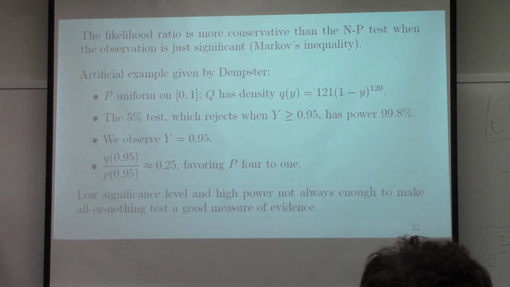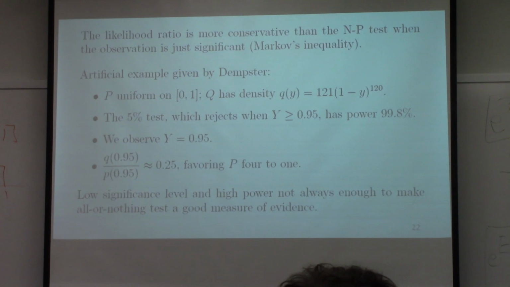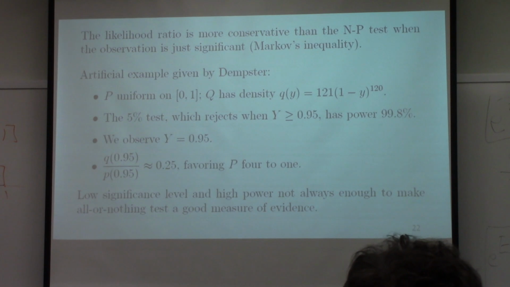So here y is between 0 and 1, and P is uniform on 0 to 1. That's P. But Q looks like this.